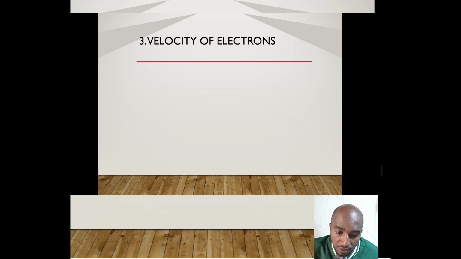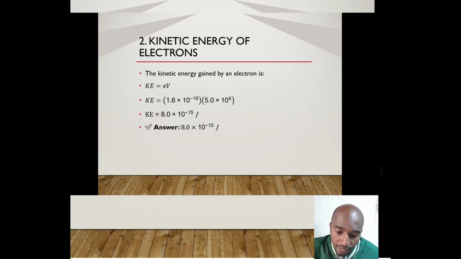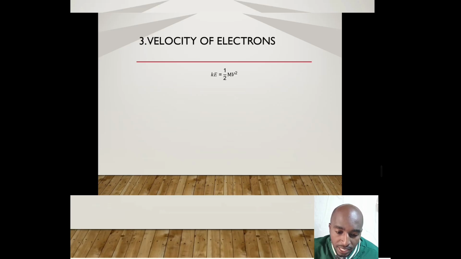The next question is on the velocity of the electrons. Remember that kinetic energy is also given by half mv squared, and we have already computed the value of the kinetic energy in the previous question. So if you're trying to get v, it's just a matter of rearranging the formula, and v is given by the square root of 2KE divided by the mass.